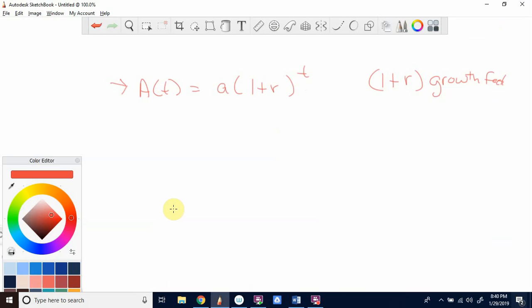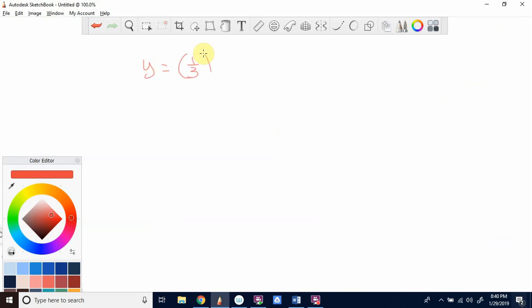So if we want to graph y equals (1/3) to the x, negative 1 gives 1 over b, which is 3, then (0, 1), and then (1, 1/3).